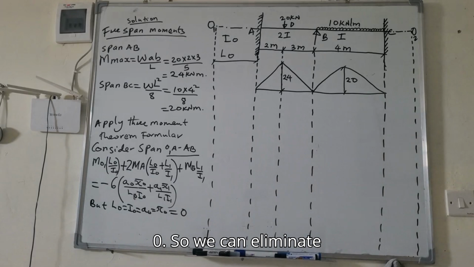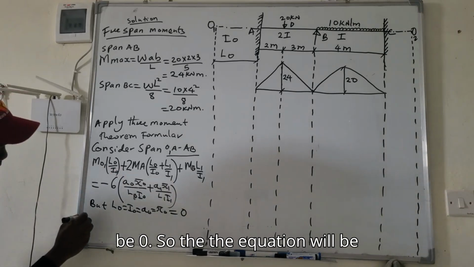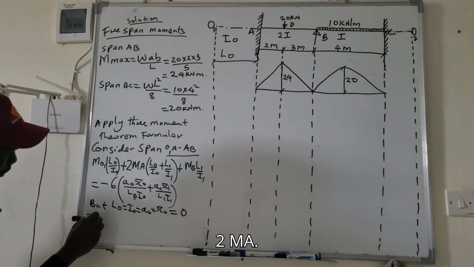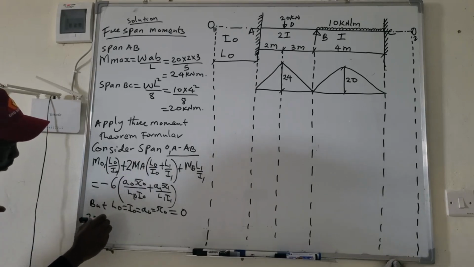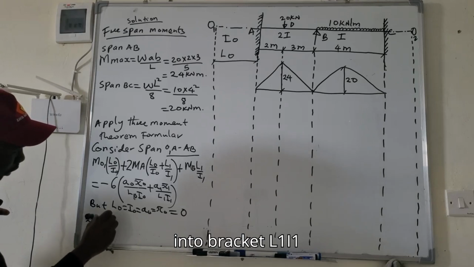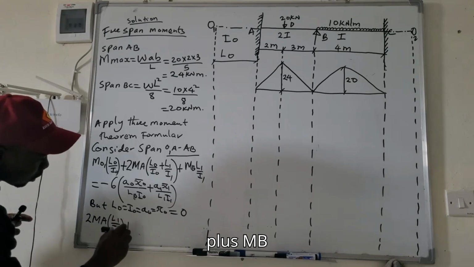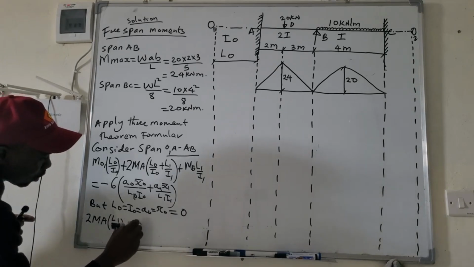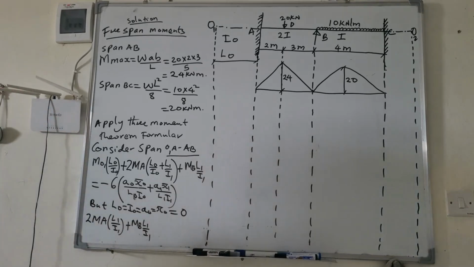So we can eliminate some values in this equation as a result of 0. So this one will be 0. So the equation will be 2 MA, this one will be again 0, into bracket L1 I1, plus MB L1 I1.